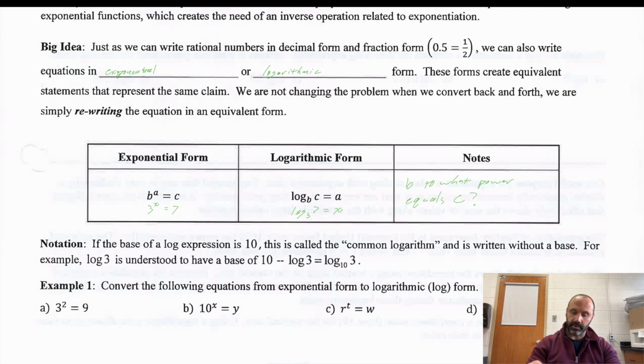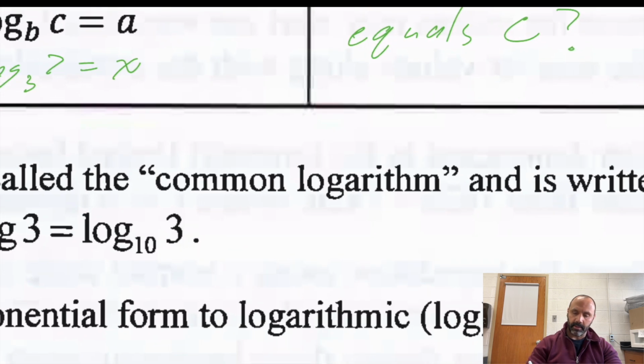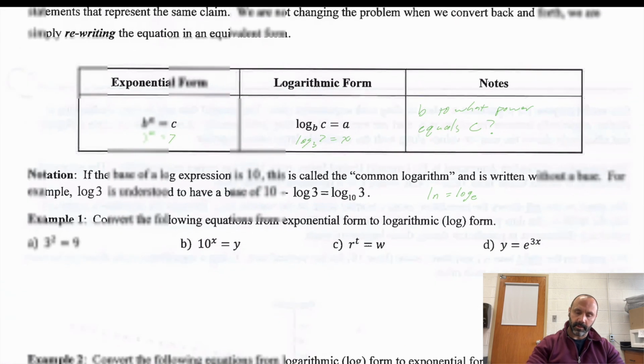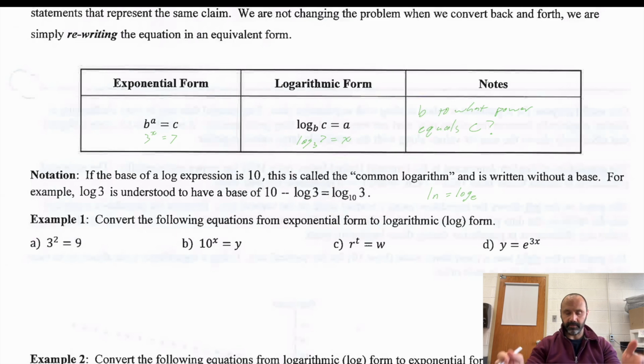Also, you should know that ln is the natural log, so this is log base e, the natural constant, the natural number that we saw in one of the previous lessons. Natural log is used so often it gets its own designation, and log base 10 is just called the common logarithm.